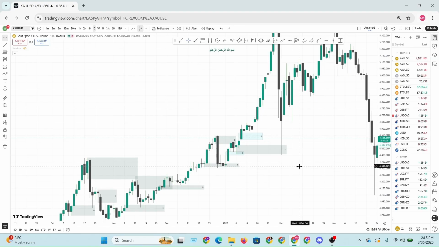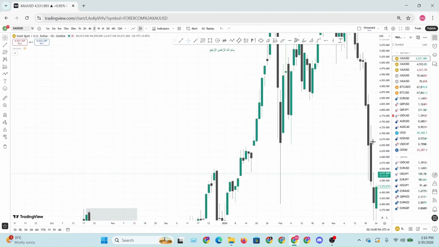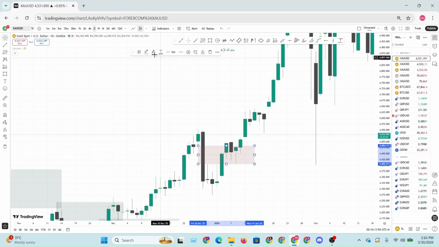Okay, I found something here. See, this is the first candle, second candle, third candle. This is the gap, FVG.